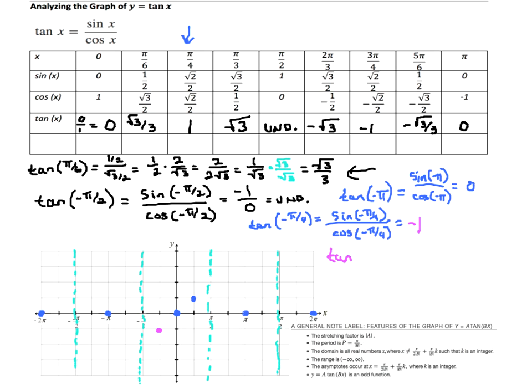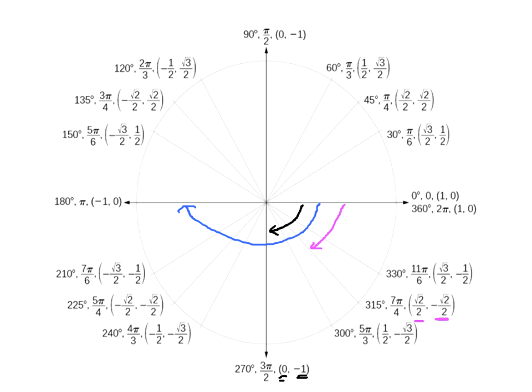So the tangent of negative pi over 3 is equal to the sine of negative pi over 3 over the cosine of negative pi over 3. Okay, let's go back to our unit circle. Negative pi over 3 takes me to 5 pi over 3. So I end up having negative square root of 3 over 2 divided by 1/2.